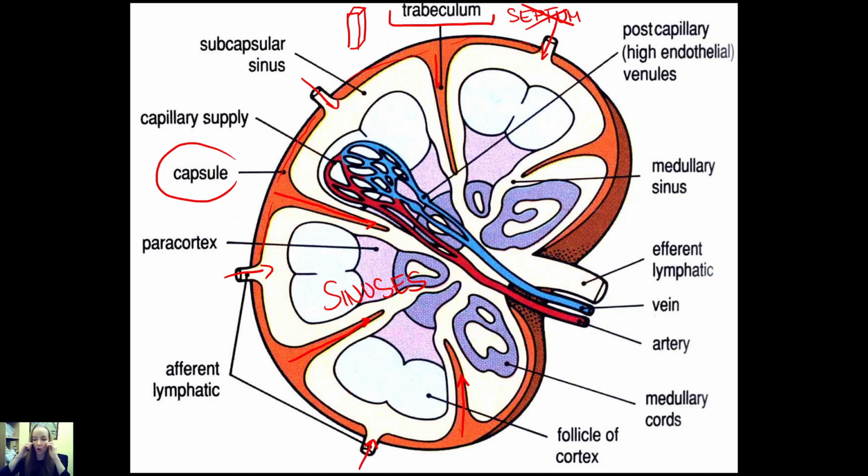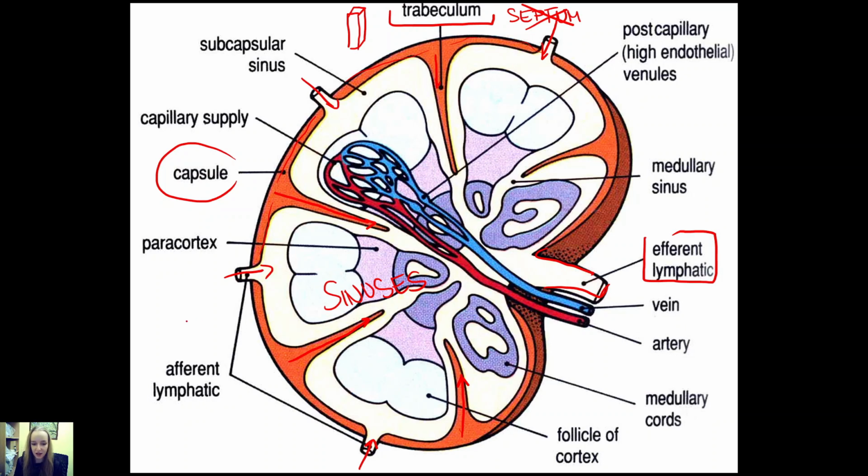It's just like an open system. There are just open spaces in the lymph node, and then the lymph goes back outside from the lymph node via the efferent lymphatic vessel over here. Mostly only one, but there can be 2 or 3, but mostly one efferent lymphatic vessel is going outside of the lymph node.